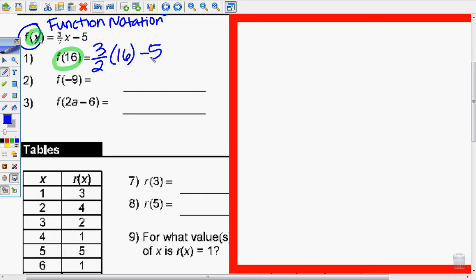Things to remember: when you have a fraction, can someone tell me what a fraction represents? What operation? Divide. Which part of the fraction represents divide? No, not the bar. With a fraction, your denominator is what you're dividing by, and your numerator is what you are multiplying by.